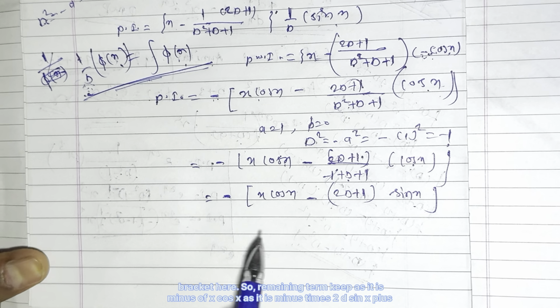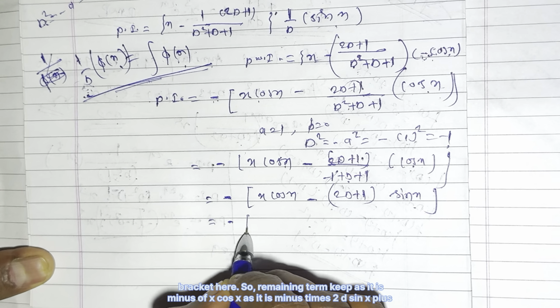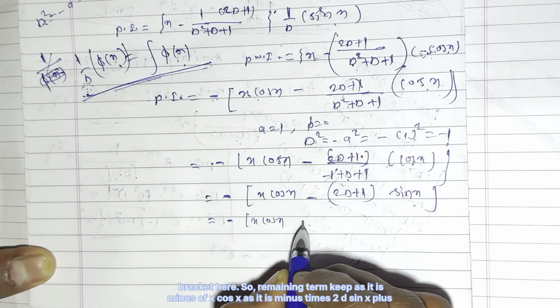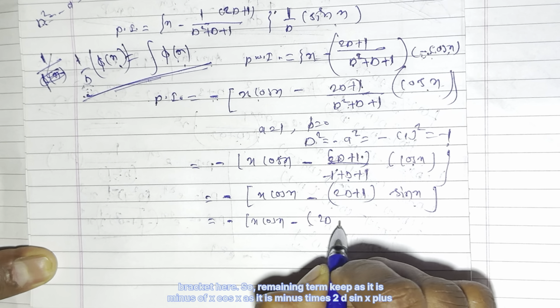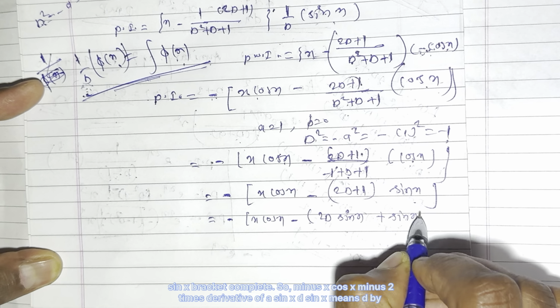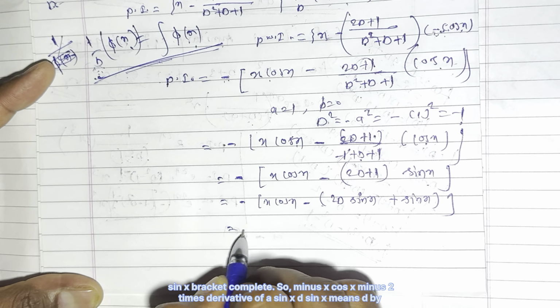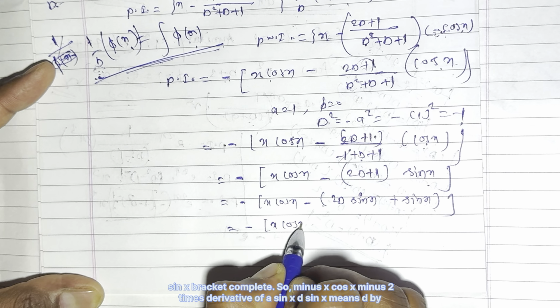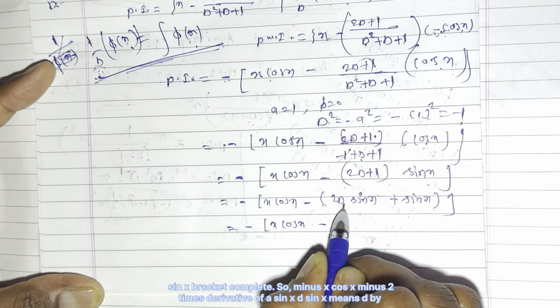So the remaining term keeps as it is, minus x cos x, minus (2D sin x plus sin x), bracket complete. So minus x cos x minus 2 times the derivative of sin x.